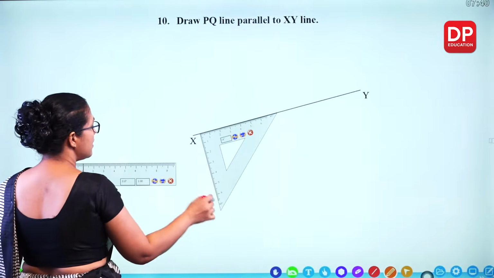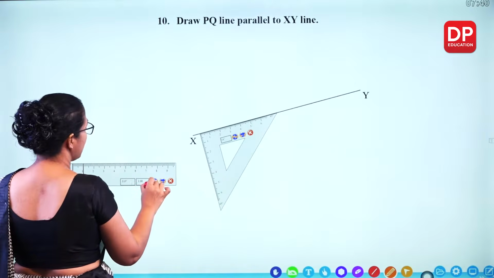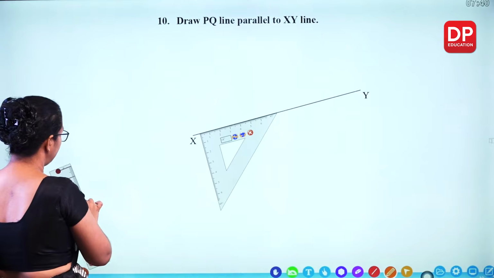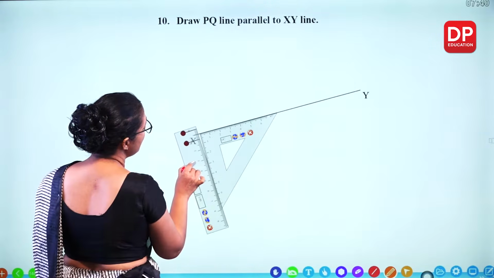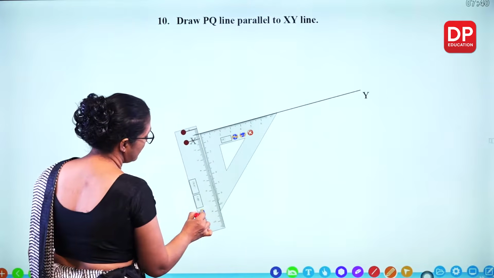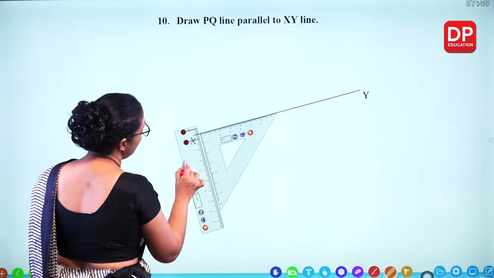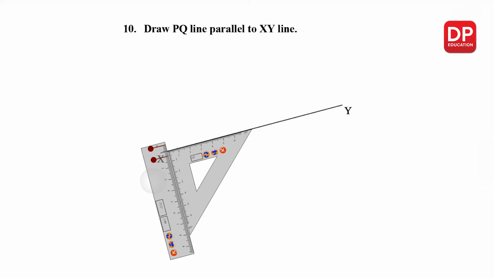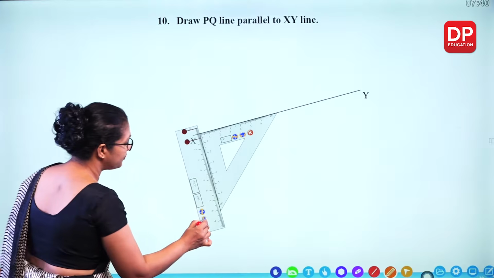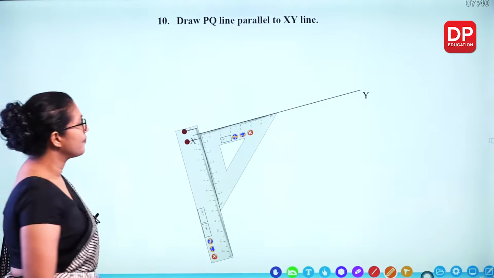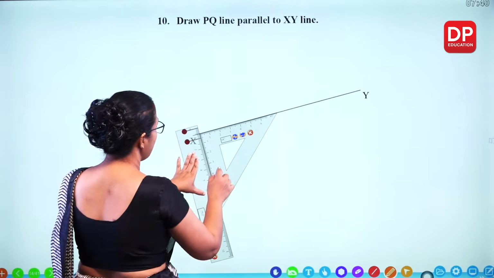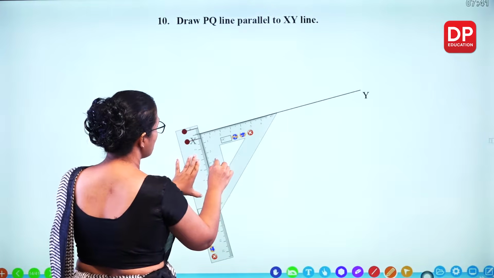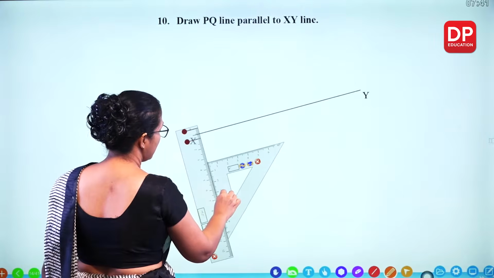And then you can take the ruler and keep it like this next to the set square. Now you can hold the straight edge tightly and push the set square. We'll draw the line down.